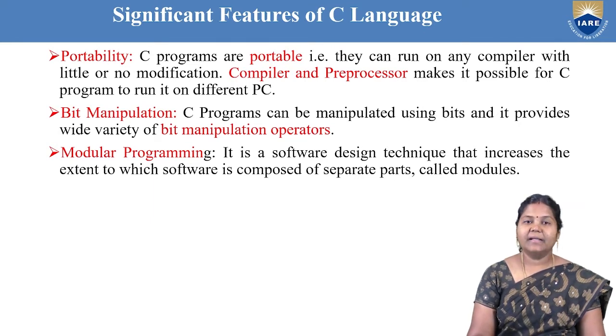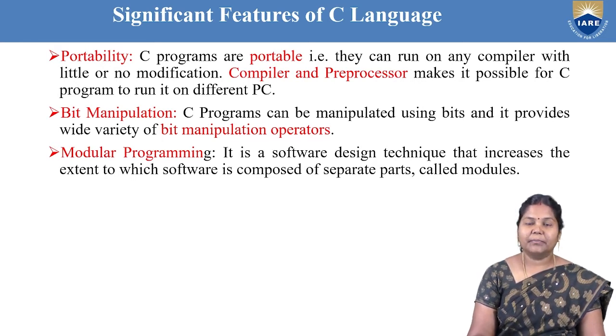Next, it has a wide variety of bit manipulation operators. C programs can be manipulated using bits. Then it has the facility of modular programming. The modular programming approach is a very popular software design technique where a large project is divided into modules and each module is developed independently.